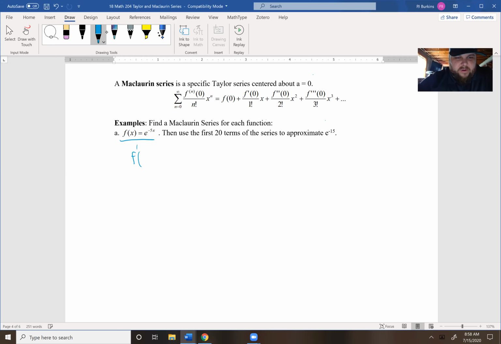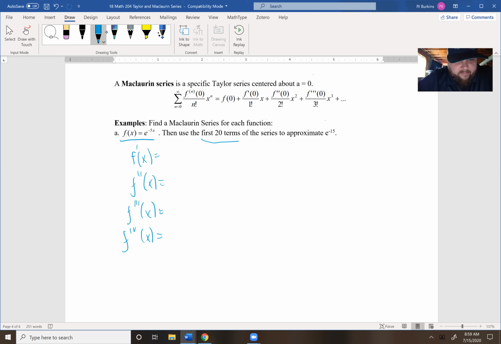So I need f prime, f double prime, triple prime. Let's see if 4 is enough. Now it says use the first 20 terms. So you and I are not going to write out all 20 terms, but we can use a program to do that for us. We can just write out the first 4 or so, just to get the idea.